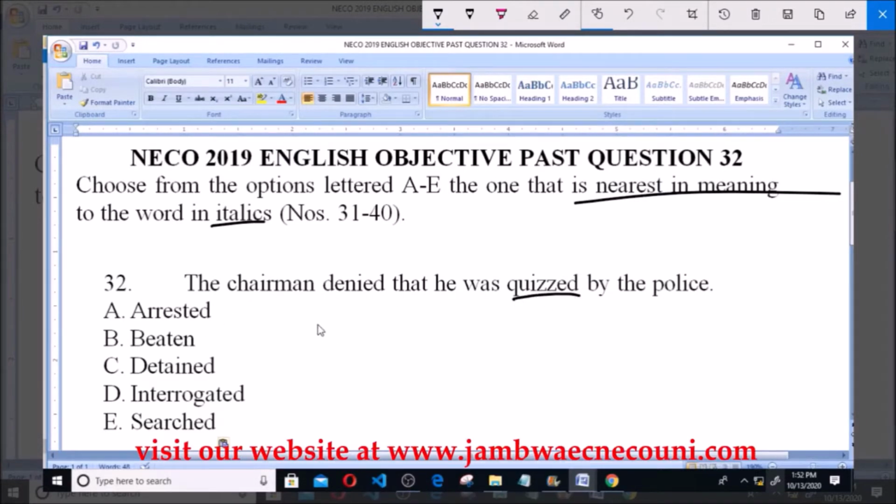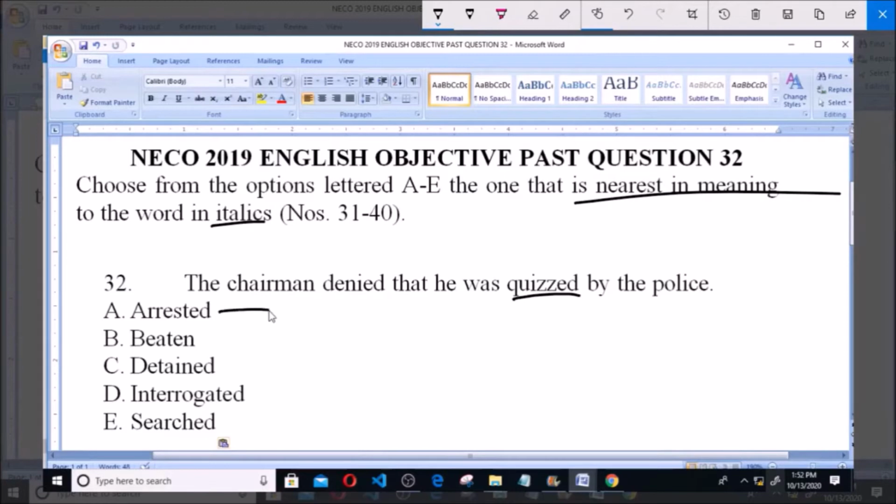And the sentence says the chairman denied that he was squeezed by the police. A. Arrested. B. Beaten. C. Detained. D. Interrogated. E. Searched.